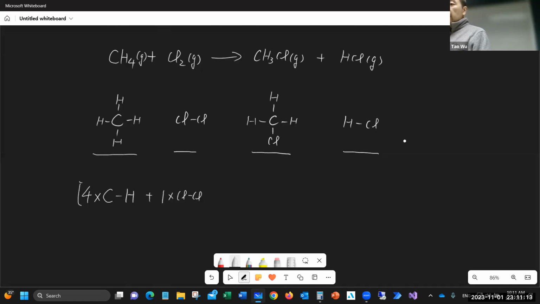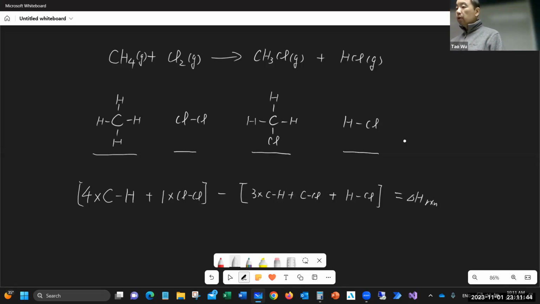This is what we have for the reactant. You subtract what we have for the product. And here you have 3 of the carbon and hydrogen plus 1 of the carbon chlorine. So this is what we have for this compound, and plus the hydrogen and chlorine bond. So the difference between those will be the enthalpy of the reaction.